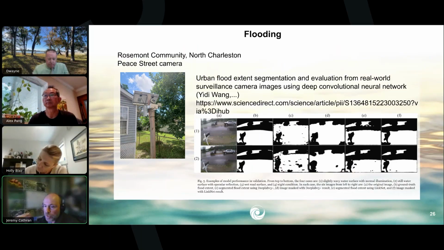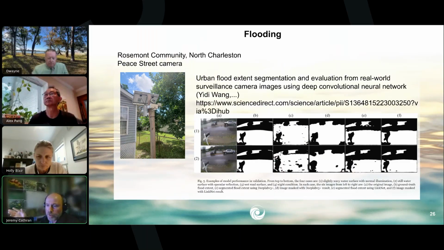The pictures on the right-hand side are from another person that used the flooding images, more precipitation-based flooding from a rain event, to train a model like Alex was talking about. The SAM model is a very good model for doing segmentation of images to separate the flooded part of the image from the dry part.